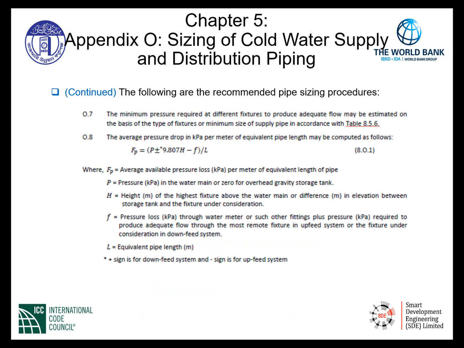Continuing on, 0.7, the minimum pressure required at different fixtures to produce adequate flow may be estimated on the basis of the type of fixtures or minimum size of supply pipe in accordance with Table 8.5.6. We have 0.8, which gives us an equation.